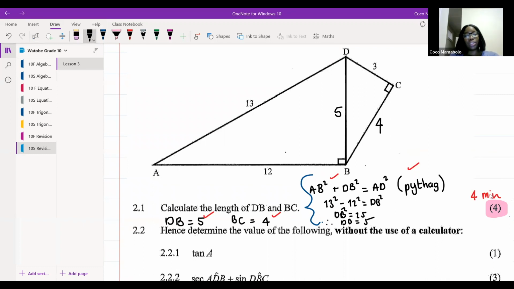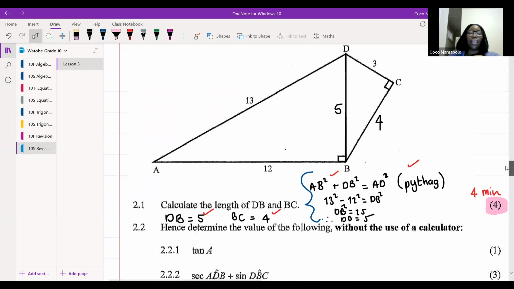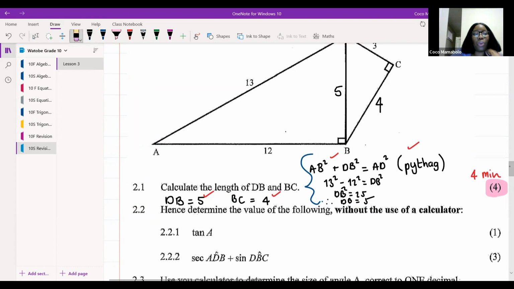Now the question says, hence. Guys, when you see the word hence, it is kind of like therefore. Hence means use the information above, the information you've just calculated.